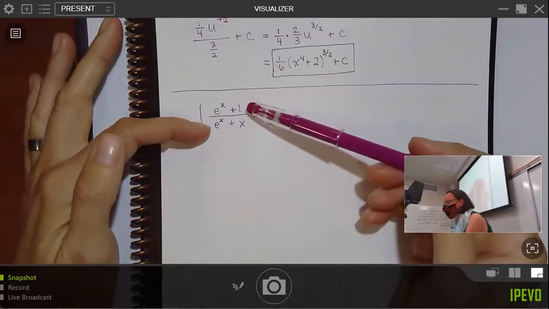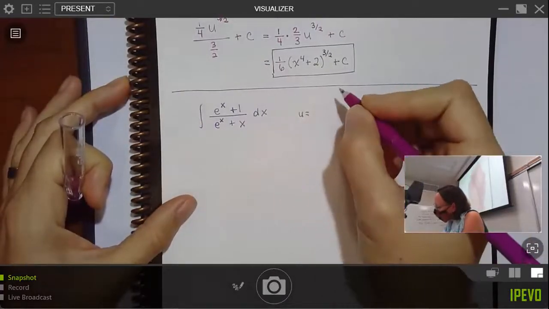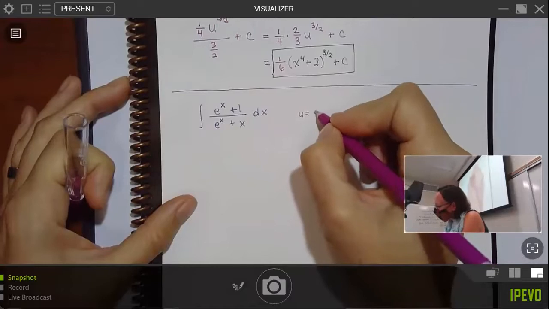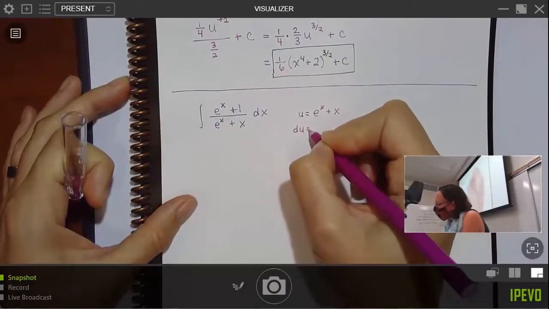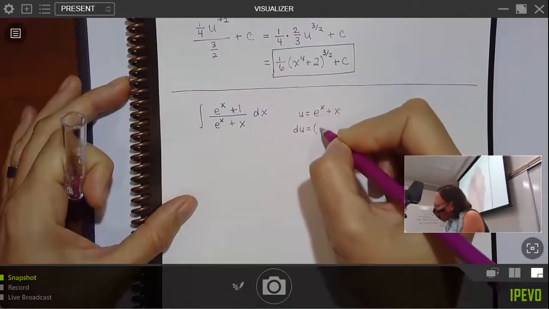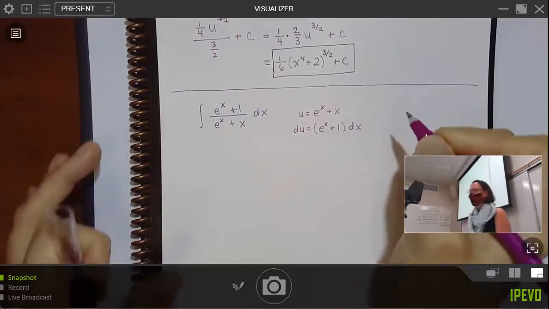Yeah. So the useful vocabulary swap here is to call u e to the x plus x, so that my du, or the derivative of that, is e to the x plus 1 dx.